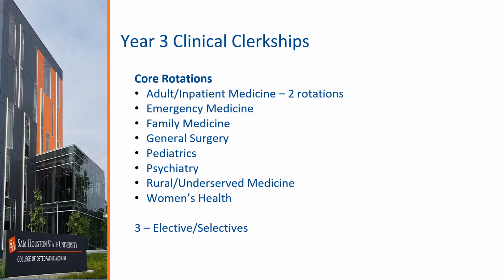The students will complete 3 elective rotations with the remaining time in their third year. They can use these blocks to complete additional rotations in the core specialties or any other specialty they have an interest in. Additionally, the students must complete training with a resident sometime during their third or fourth year.